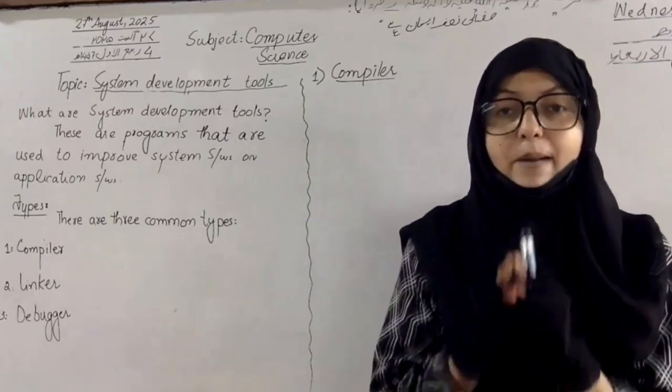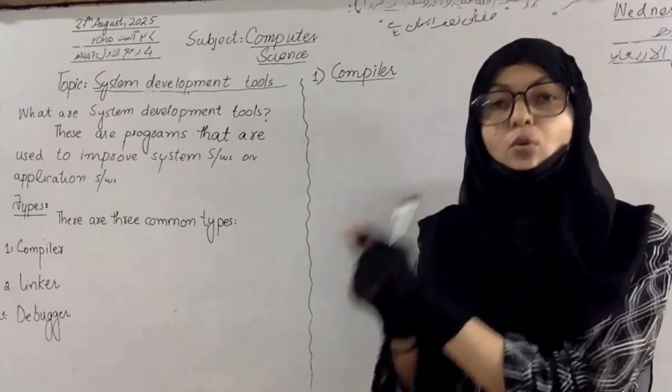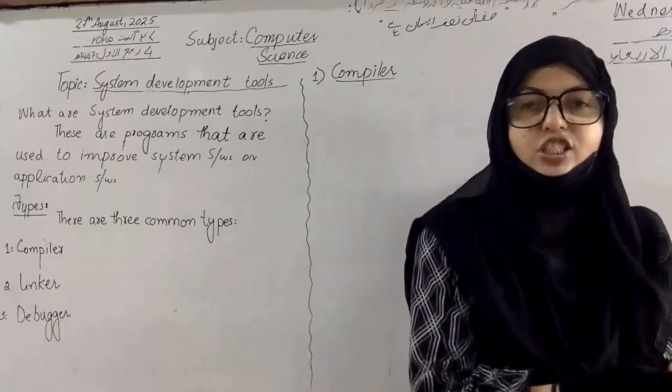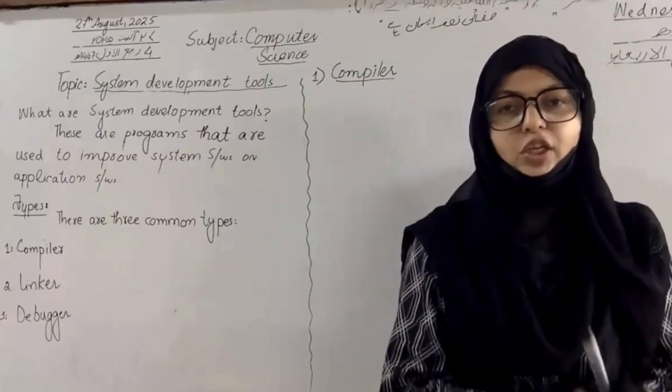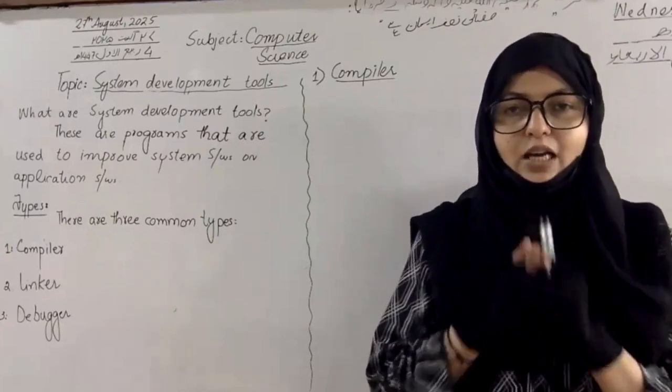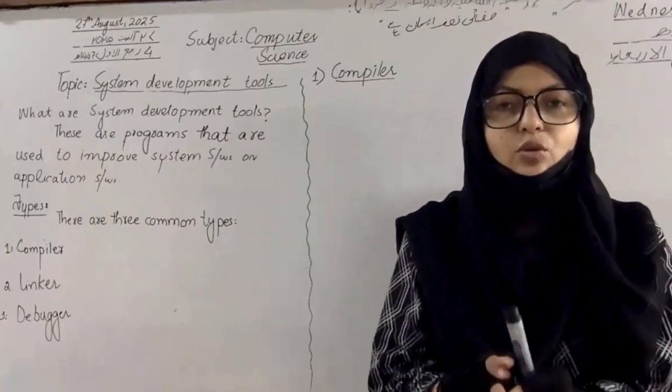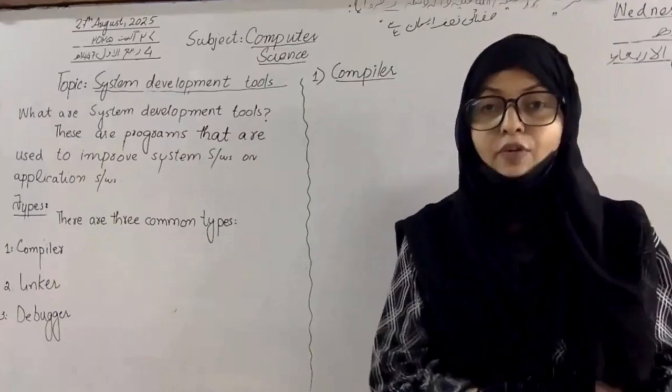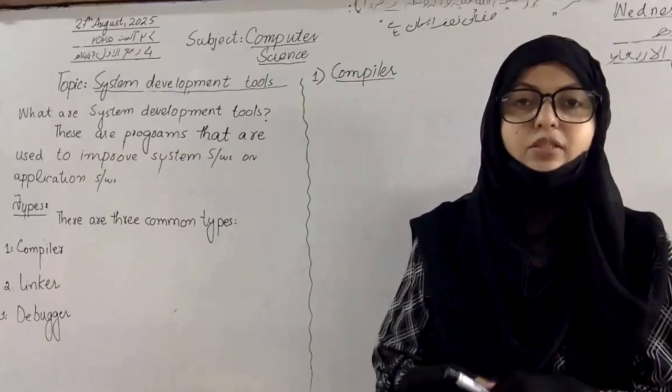So a compiler basically converts the human language into the machine language so that the machine can understand what we are trying to tell it to do, a specific task.